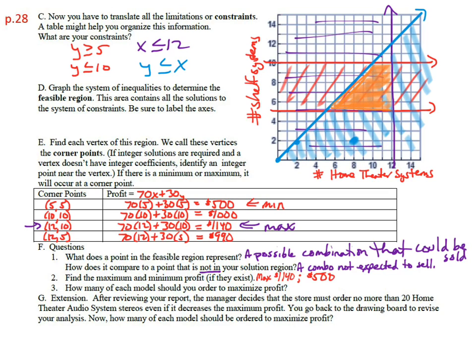So if we're looking to maximize the profit, we're going to go back up to that maximum of $1,140. Since our ordered pair there was 12, 10, that means we should order 12 of the home theater systems and then 10 of the shelf systems.